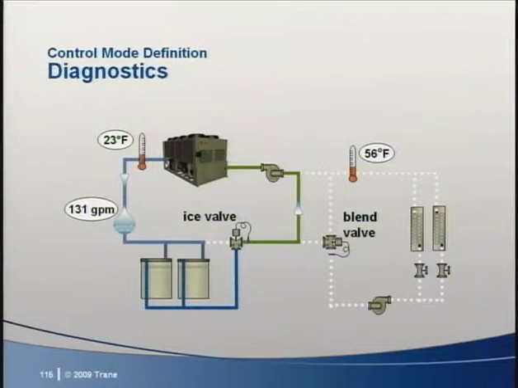You can monitor their operation with valve end switches or position potentiometers, or with system temperatures. For example, if the system is supposed to be in the ice-making mode, it's critical that all the chilled water should be going through the ice tanks. How could we tell if the ice valve was fully in the ice tank position? One easy way would be to compare the leaving tank temperature to the chiller return water temperature.